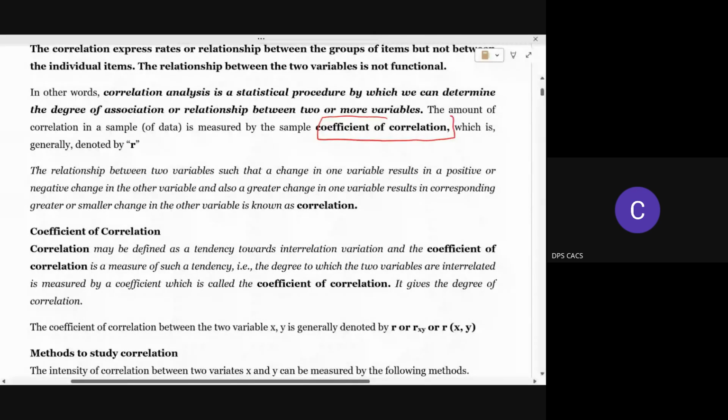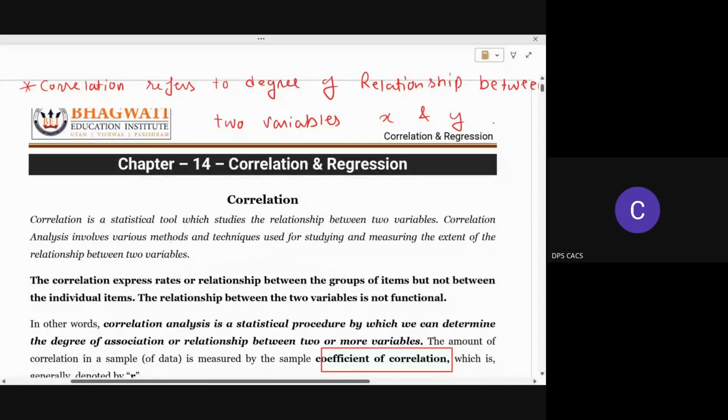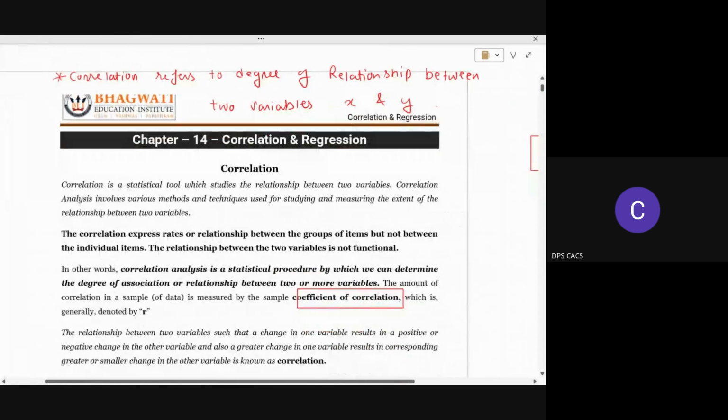It is denoted by small r, and also capital R, but it depends on the topic. In some topics I'll take it as small r, in some topics as capital R.